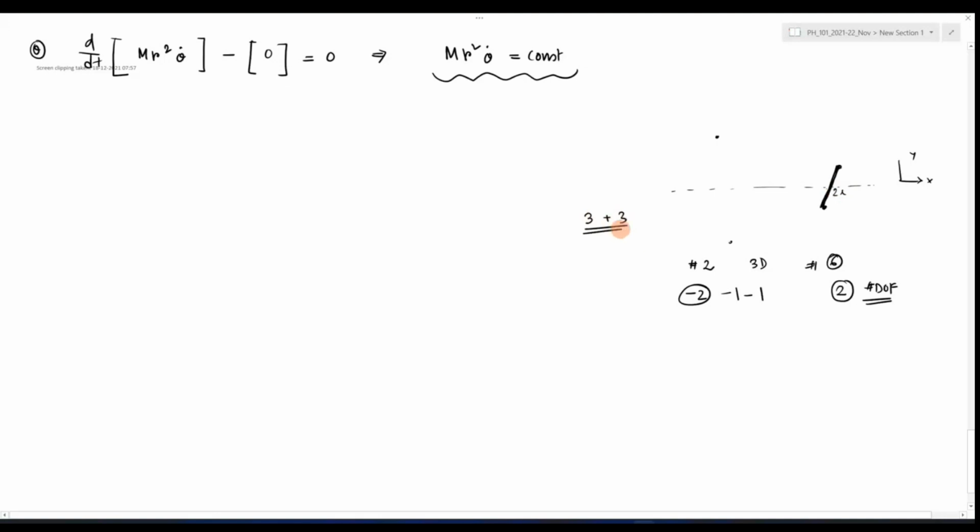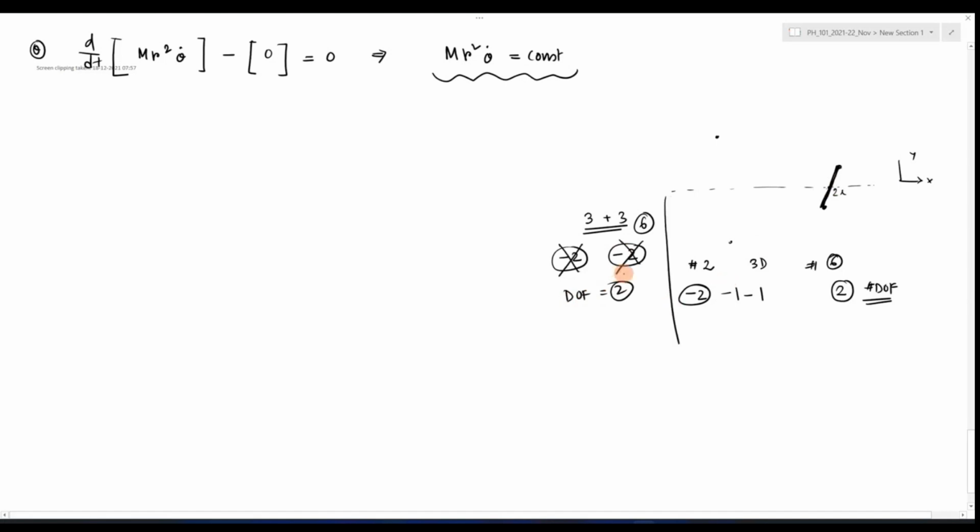So total 6 coordinates will be required to track this rod's movement. Now this rod is allowed to move only in this direction. So -2, translational motion is gone. These are the constraints. Now this rod can also rotate only about this z-axis, not about x-axis and not about y-axis. So -2 will be gone again. The total degrees of freedom will be 2. You can think in two ways, this way or this way.